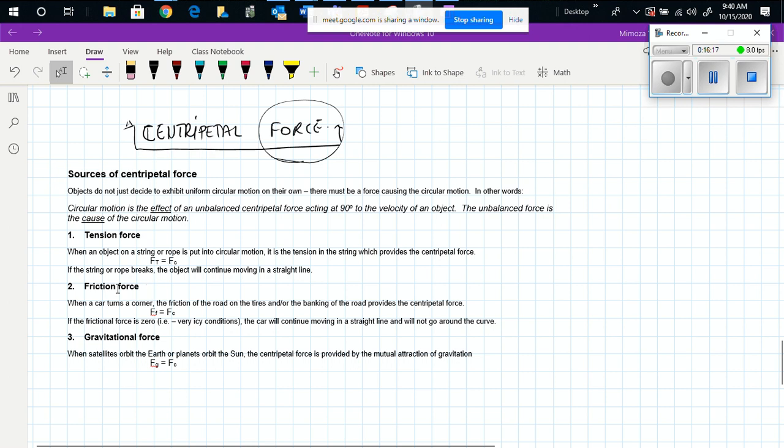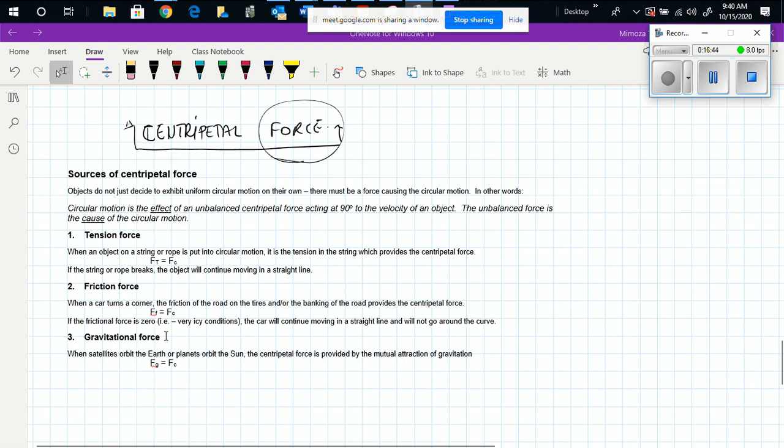Another source is the friction force. When an object, a car let's suppose, is moving in a circle, then the force of friction between the tires and the road is being the centripetal force.